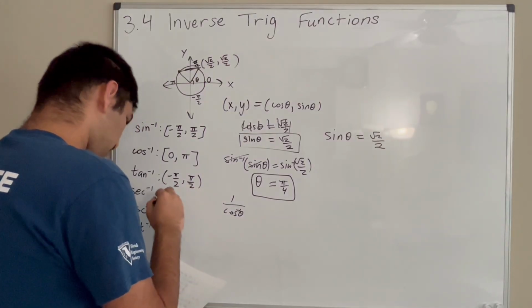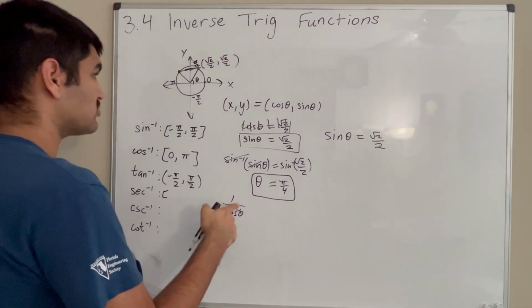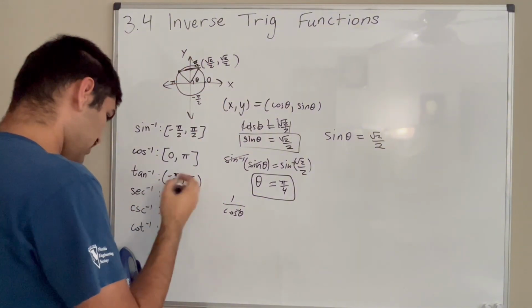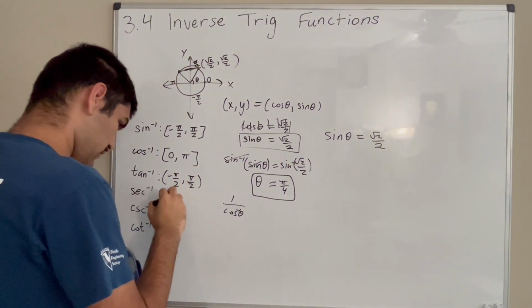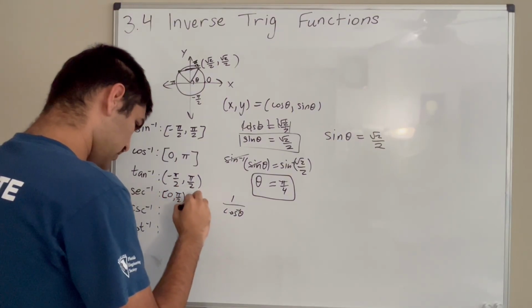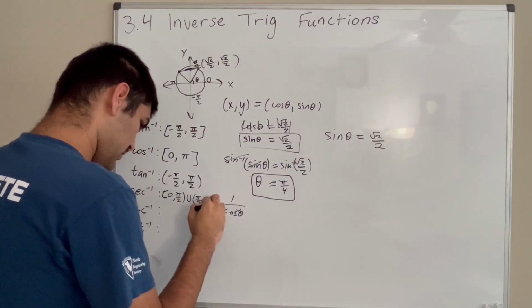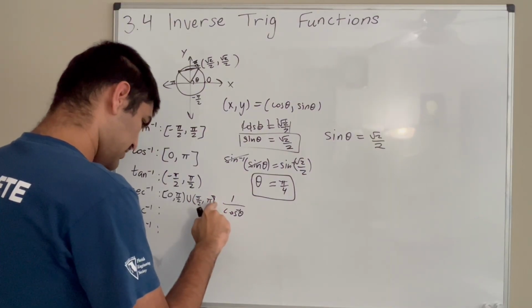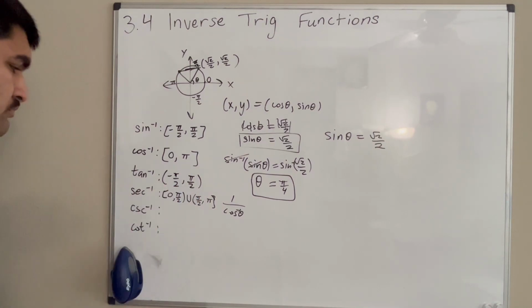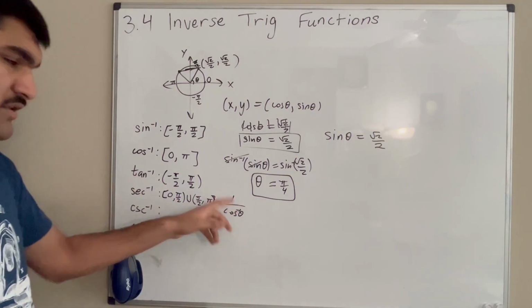Therefore, we know that cosine is equal to 0 at pi over 2. So that's why we exclude pi over 2 from the range of inverse secant. So we go from 0 to pi over 2 union pi over 2 to pi. So it's the same as inverse cosine. It's just that we exclude the pi over 2 because it's undefined there.